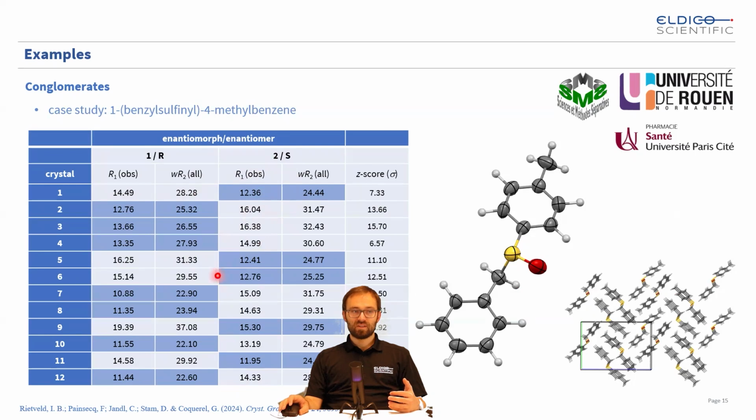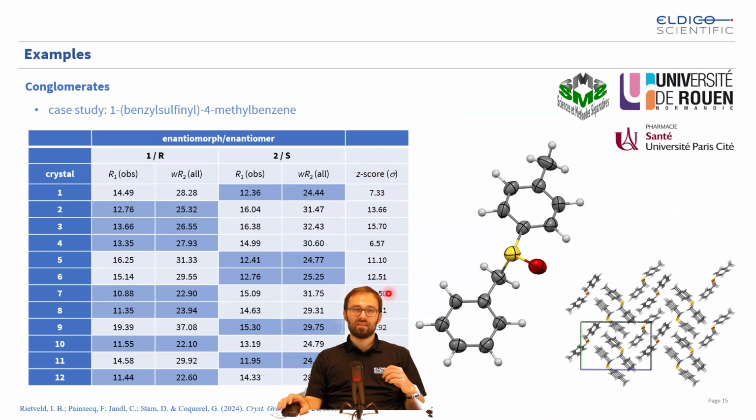And this is not a consequence of bad data quality, that we couldn't really decide which is the correct one, because if we look at the statistical validation of these absolute structure determinations via the Z-score, they are all very high. So 3 sigma is usually seen as a threshold to give a reliable result, and we see through the bench we are far above this value.